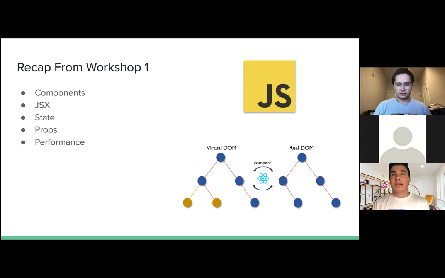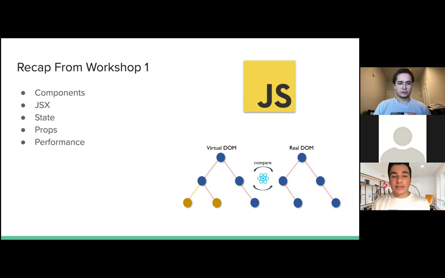For example, you can use the same form for an email address and maybe a username, and just pass it different props, and then you can change the behavior based on those props.